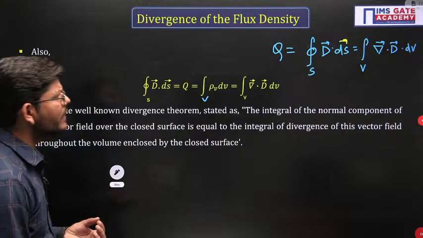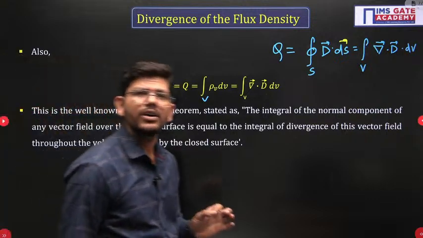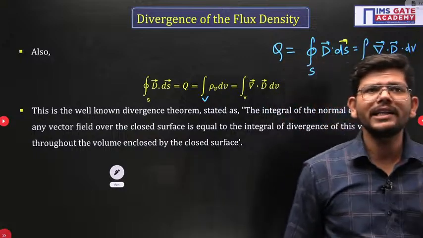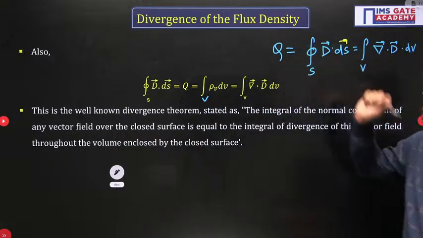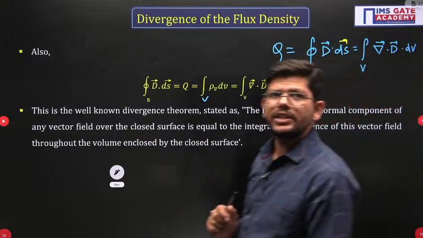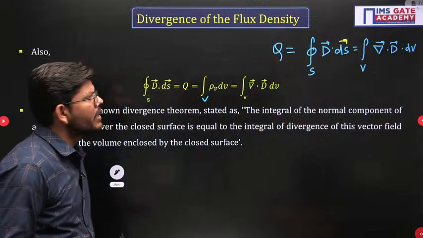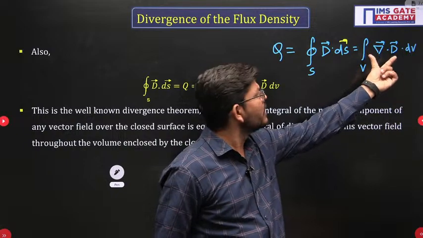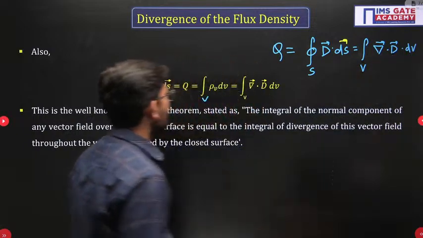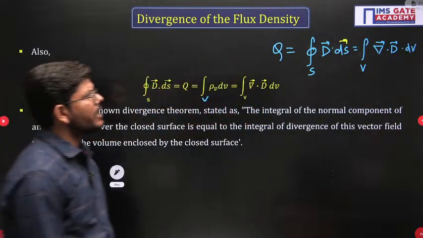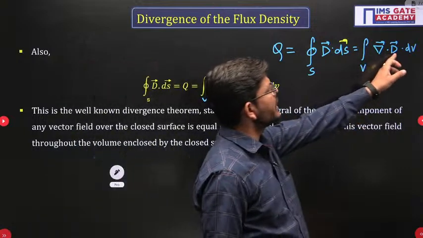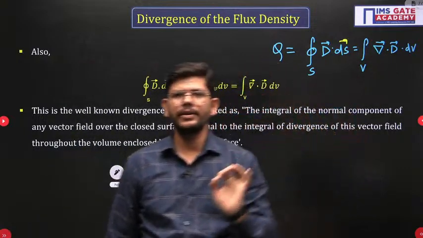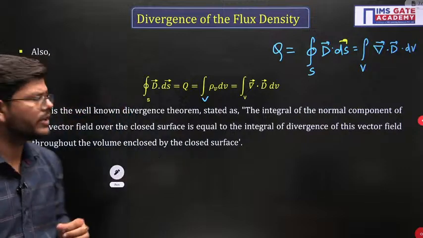So in this way we can calculate the charge enclosed by the body, either by calculating the surface integral of electric flux density or by calculating the volume integral of divergence of D dv, or we can also write it as del dot D upon del dot E. Okay. So whichever way you want to write it.